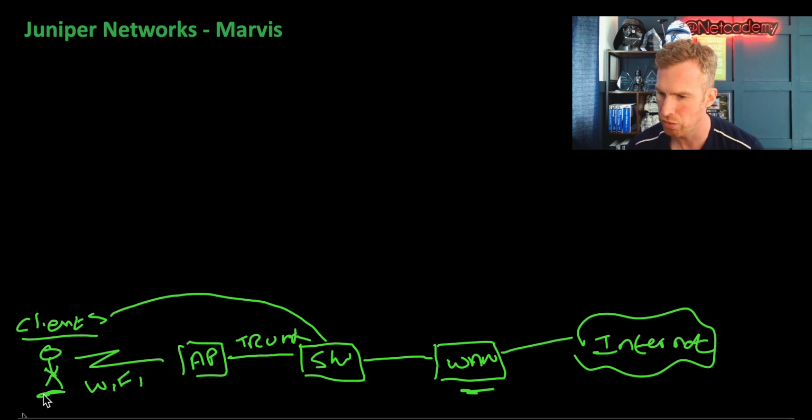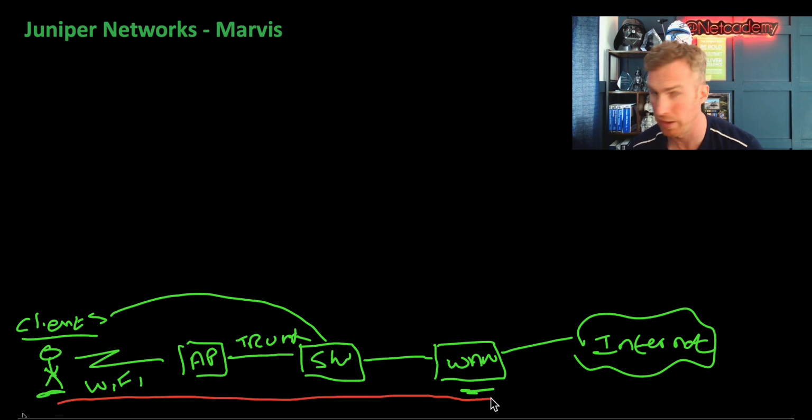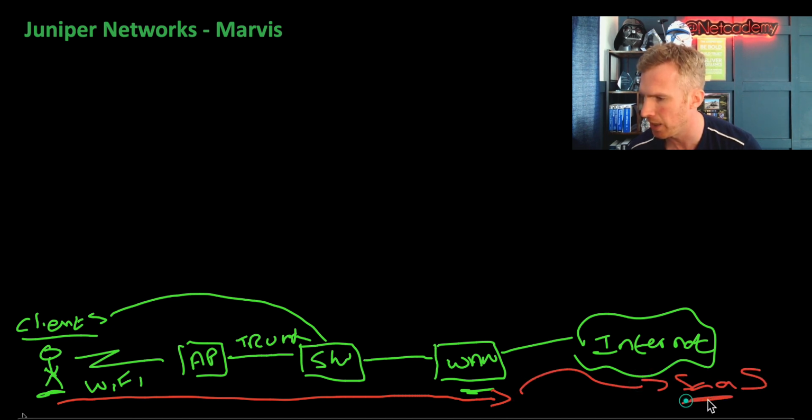As such, all that traffic is going from the clients all the way across the APs and the switching network to the SD-WAN, and then over the internet itself to wherever that, for example, SaaS-based application actually is.